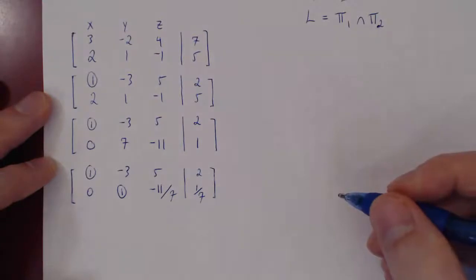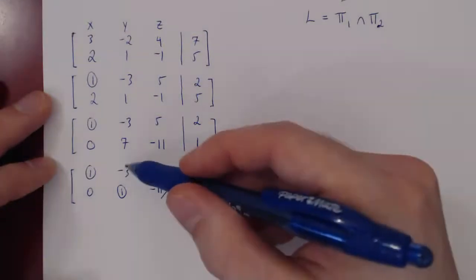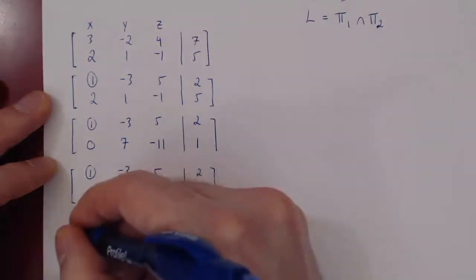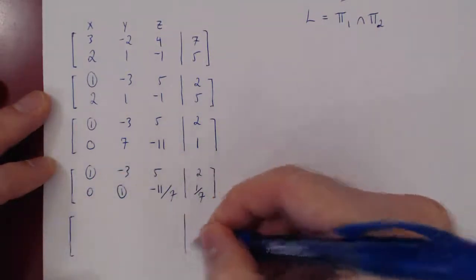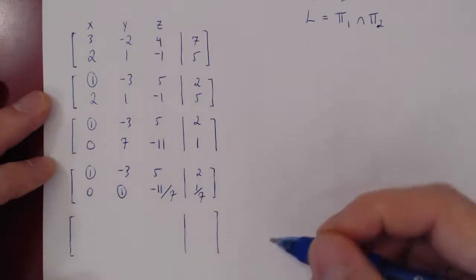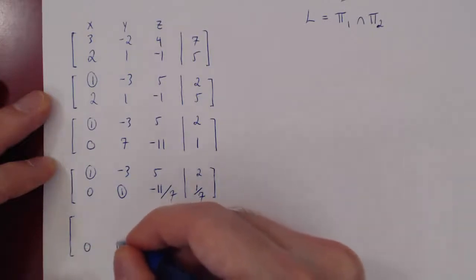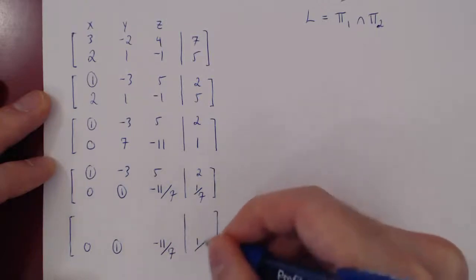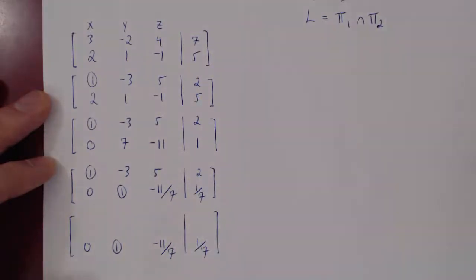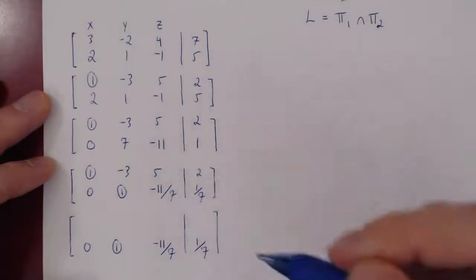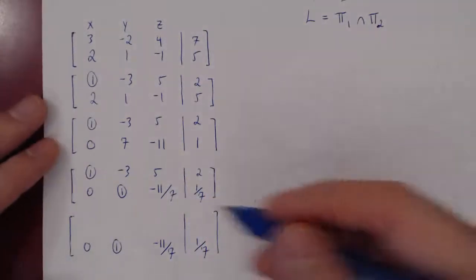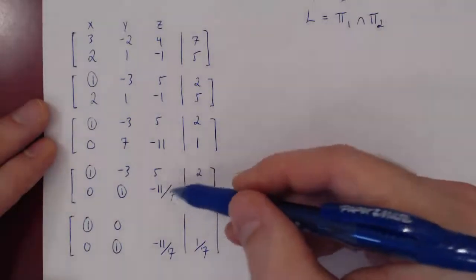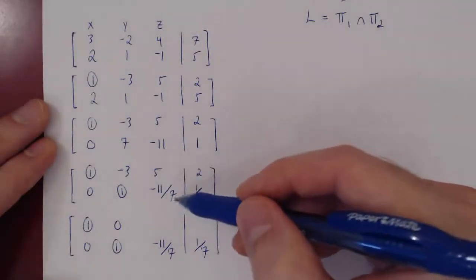And finally, we want the reduced echelon form. So we'll kill this negative 3 by doing row 1 plus 3 row 2. We are not changing row 2, so you can recopy it. Perform row 1 plus 3 row 2, and you'll get 1, 0, 5 plus 3 times this, which will be 5 minus 33 over 7.